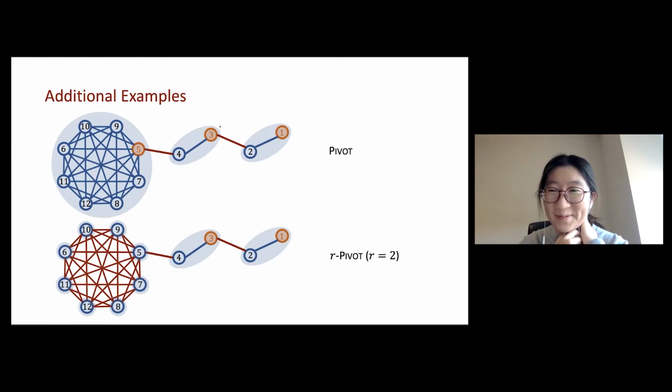But I'm not sure if there are any concrete connections between those two problems. Sorry for asking a weird question.